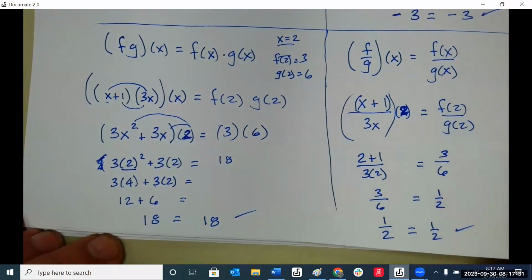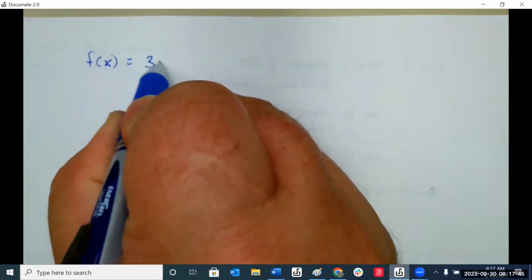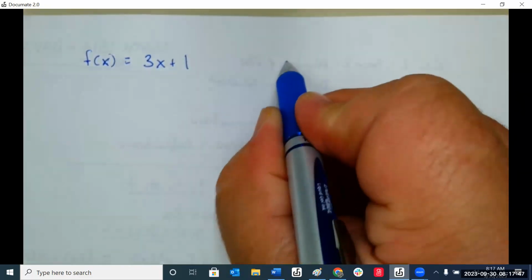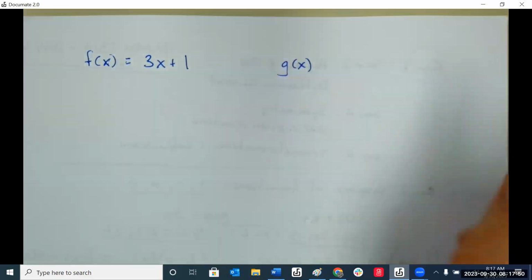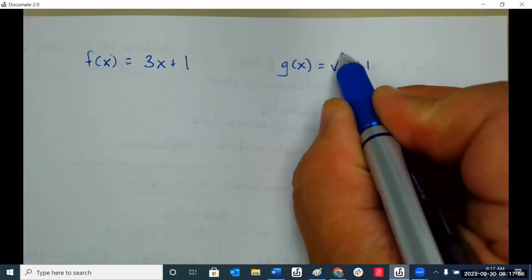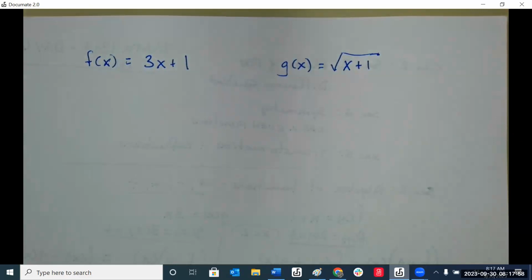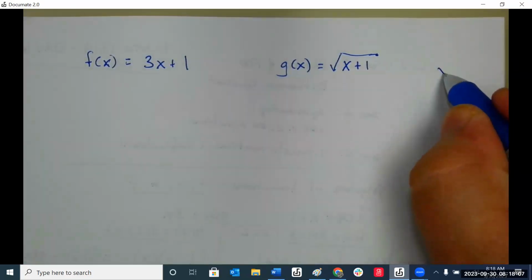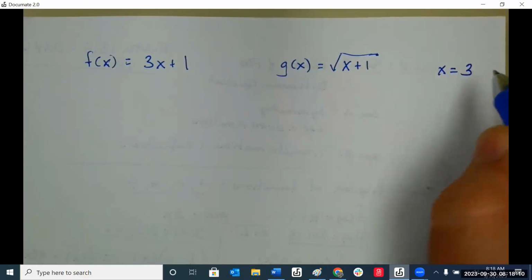All right, let's look at a more difficult example. I don't say more difficult, but it'll throw you a trick. So f of x equals 3x plus 1. G of x is the square root of x plus 1. And we're going to look at it when x equals 3.